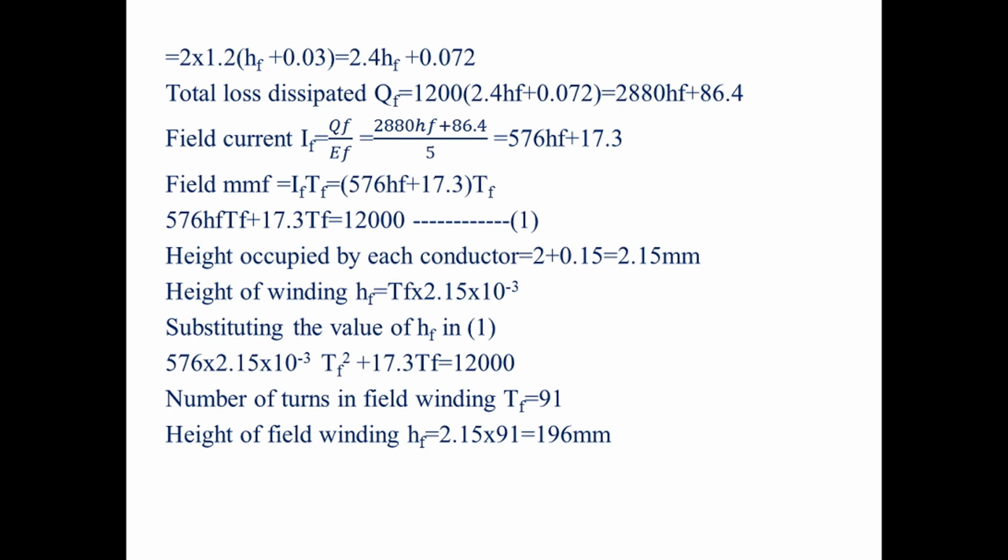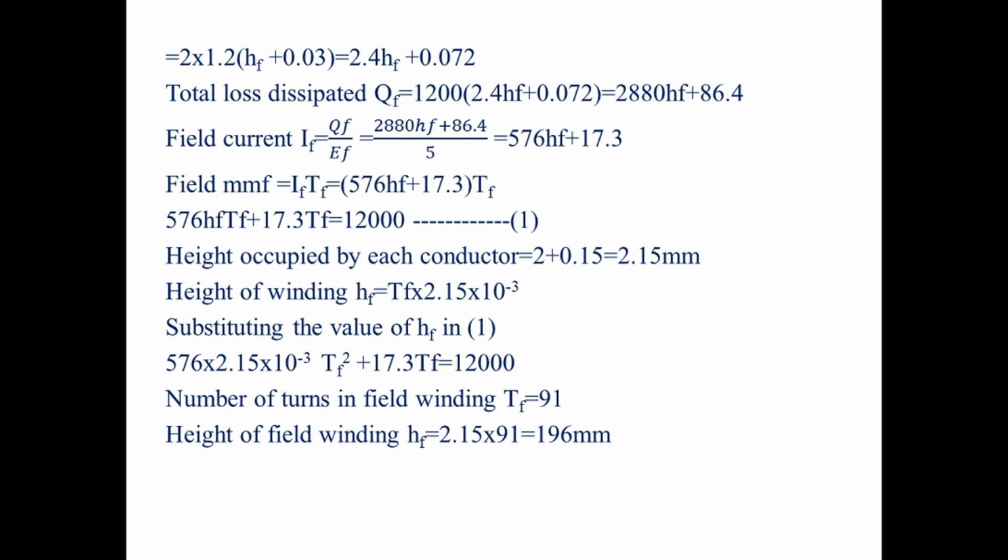Therefore the height of the field winding HF is equal to TF into 2.15 into 10 to the power minus 3. Height is nothing but the number of turns TF into the height occupied by each conductor.